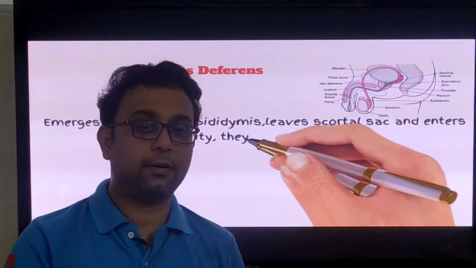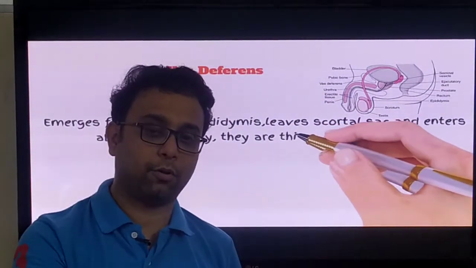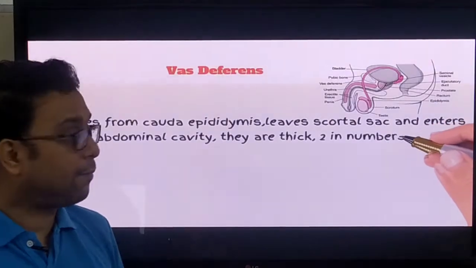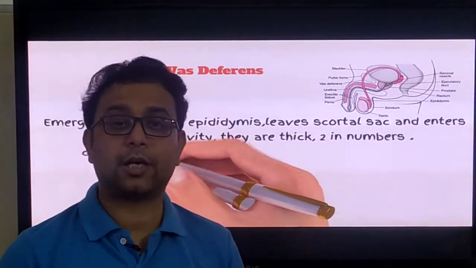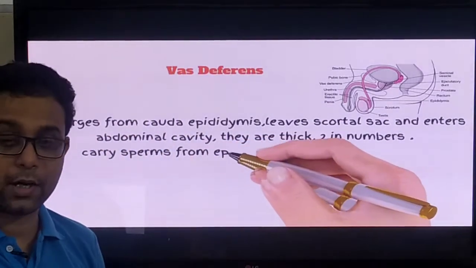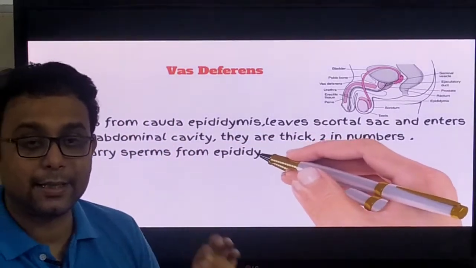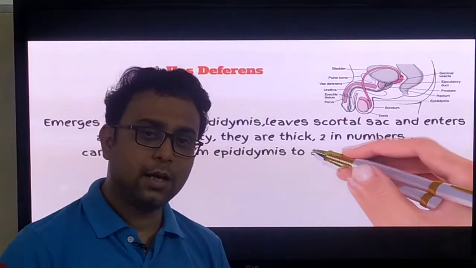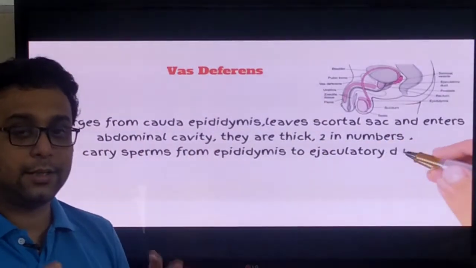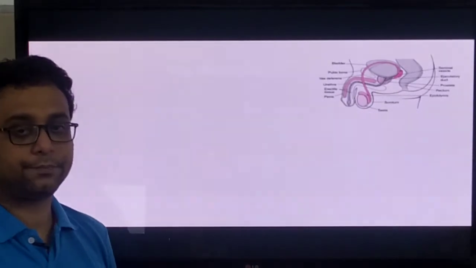When the sperm are released from the male body through the penis, they need to be transferred, and the vas deferens helps to transfer the sperm, right? That is its most important function, to carry the sperm. In your class, the function of all of these organs is very important.